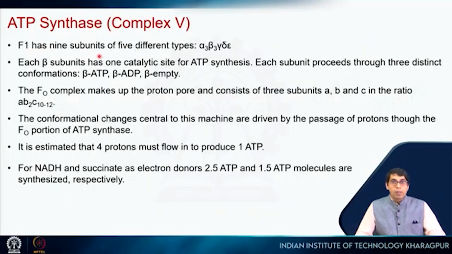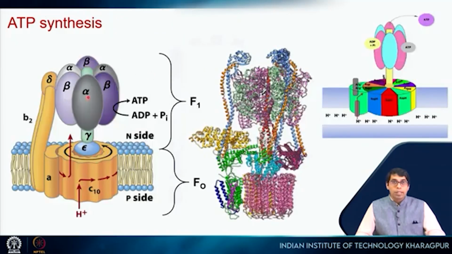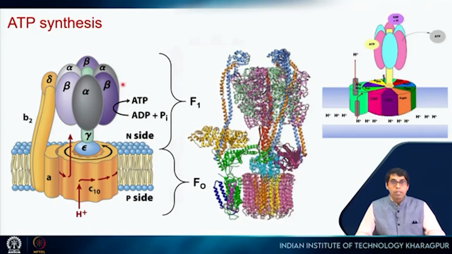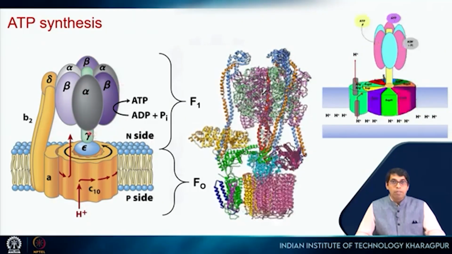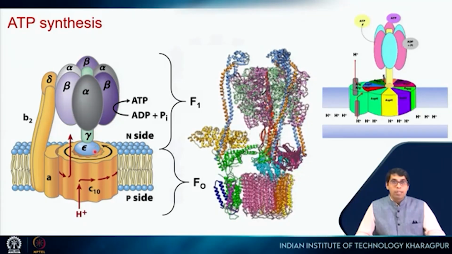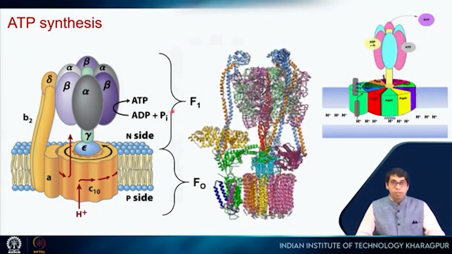F1 has 9 subunits of 5 different types: alpha 3, beta 3, gamma, delta, and epsilon. So you can see that there are 3 alpha subunits, 1, 2, 3, and 3 beta subunits, right. And then there are gamma, delta, and epsilon. These are the parts of this F1.